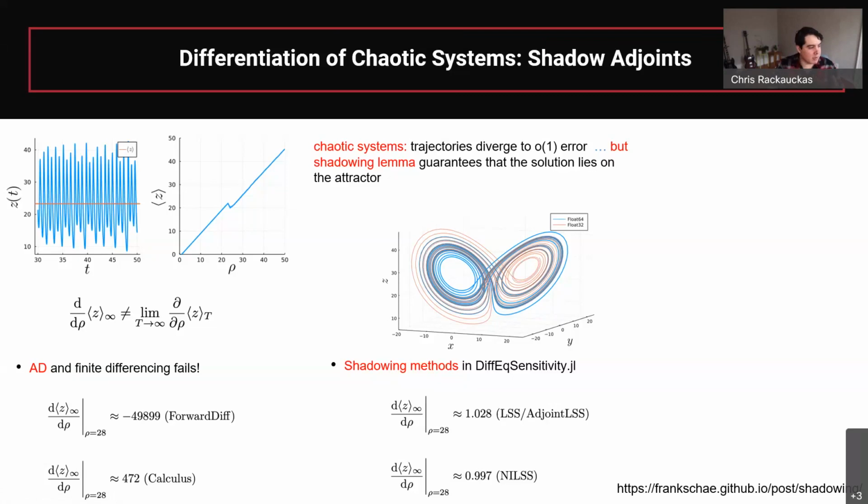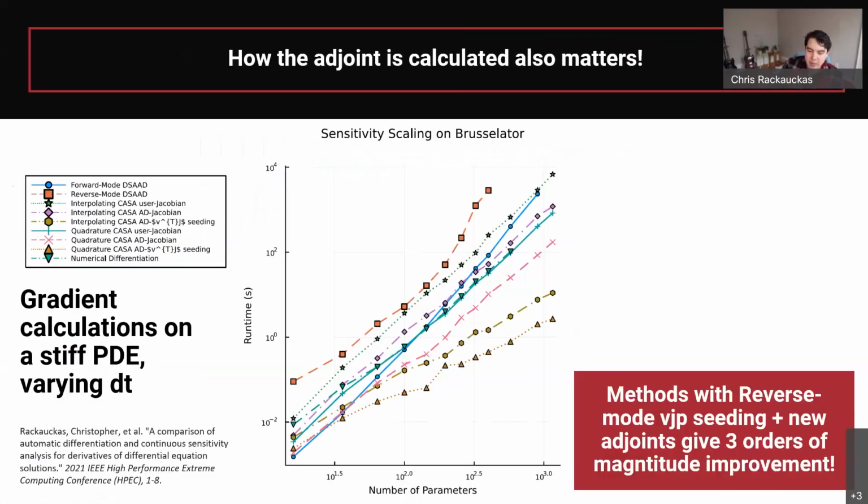But if you can calculate those derivatives correctly, then you can learn neural networks within your scientific simulators and use all of the techniques. So then we showed, for example, that we're able to get about 3 orders of magnitude faster by really optimizing these techniques on, for example, stiff partial differential equations. And so these are not small optimizations. We're talking 1,000 times faster by changing these methods up.